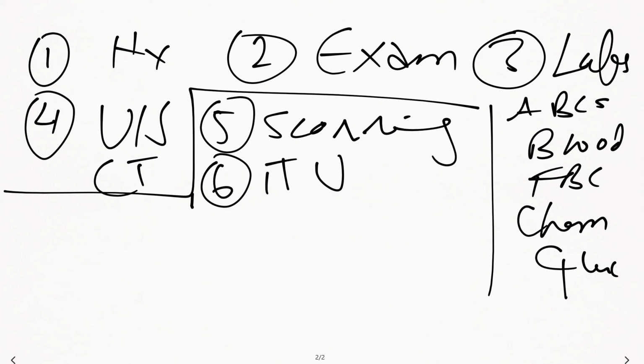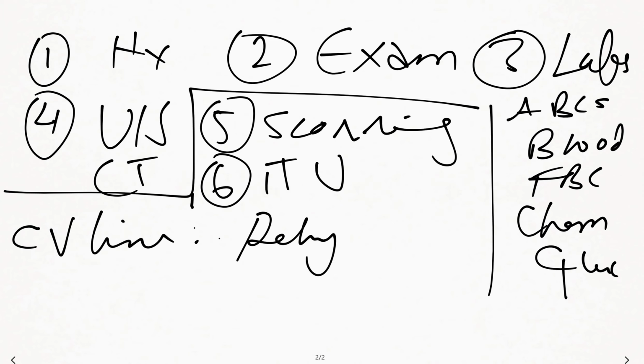And if you are going to the ITU, you are going to try to insert a central line or CV line, and the CV line is usually used for rehydration. Let's call this number 7.